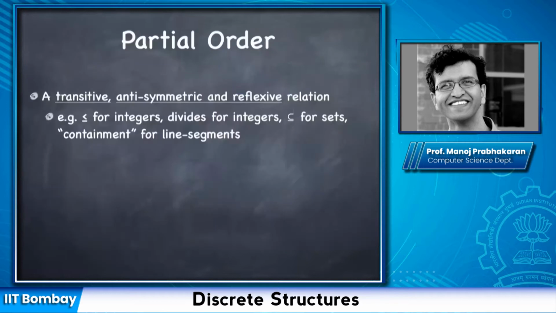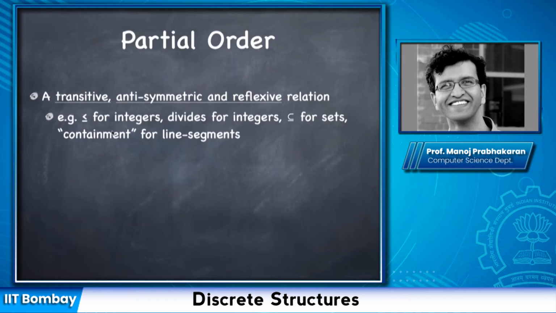Okay, so to summarize again, the definition of a partial order is a transitive antisymmetric reflexive relation, and we already saw some examples: less than or equal to for integers, the subset relation. We shall shortly talk about this division relation. So A divides B, that's a transitive relation, which is also antisymmetric and reflexive.